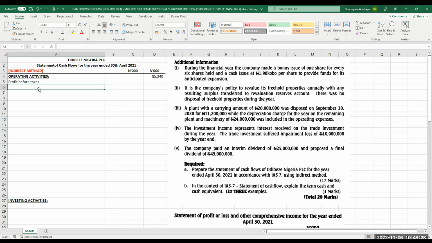Now, the first thing you need to do is to carry out adjustments for non-cash items and adjustments for non-operating items.